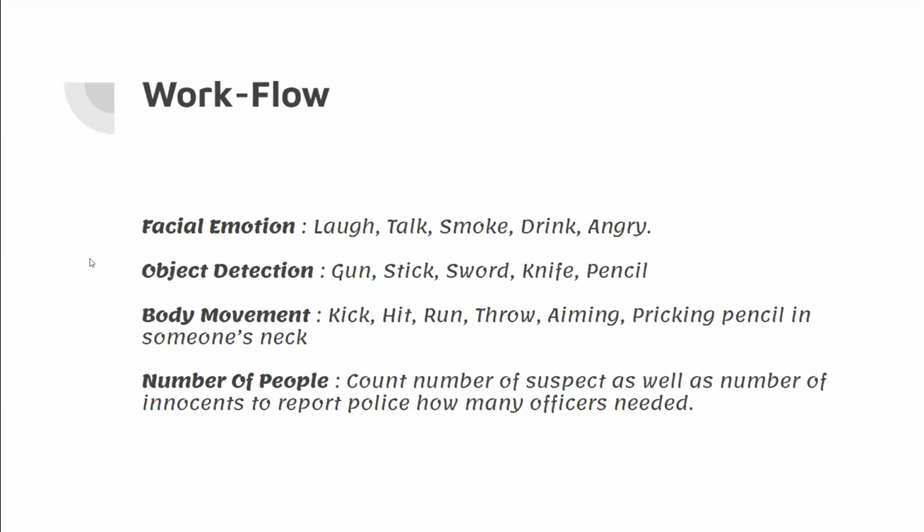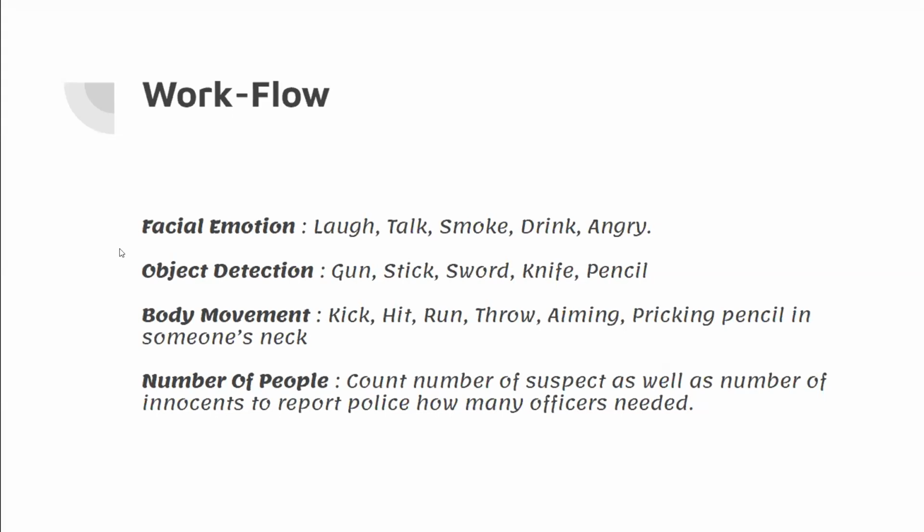And the number of people: count the number of suspects as well as the number of innocents, so that the system can report the count of people to the nearest police officers, and the type of crime can also be detected.